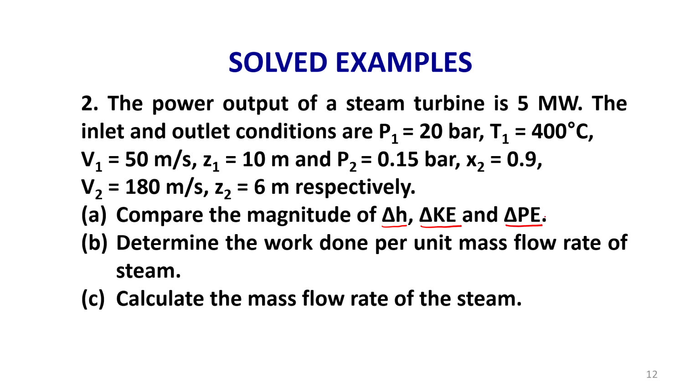Determine the work done per unit mass flow rate of the steam, that is capital W by m. Calculate the mass flow rate of the steam. So, let us solve this problem step by step. The enthalpy values of the steam are not given, which we have to take from the steam table, because the working fluid is steam here.